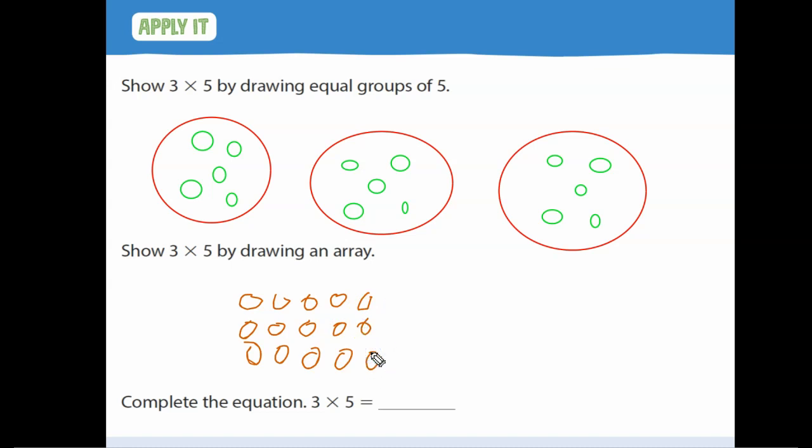That's it. Then it says complete the equation 3 times 5. So what's 3 times 5, everybody? How do I know that? Because I go 1, 2, 3, 4, 5, 6, 7, 8, 9, 10, 11, 12, 13, 14, 15. Or count by 5s. 5, 10, 15. So 3 times 5 is 15.